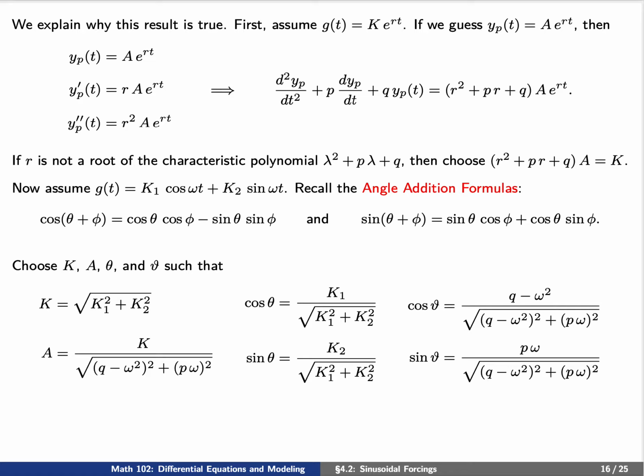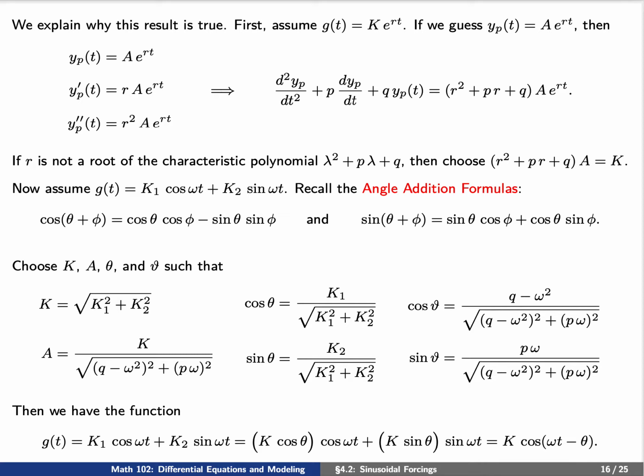Instead of worrying about exactly where all of this comes from, we'll just simply explain why these definitions are useful. First, observe that g of t can be expressed in terms of capital K times cosine omega t minus theta, with the same capital K and theta that you see above in the middle of your screen, using the angle addition formula for cosine.